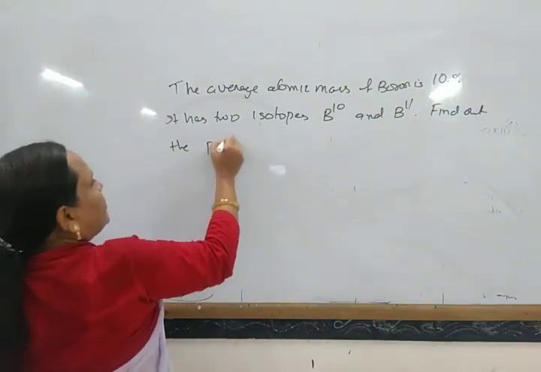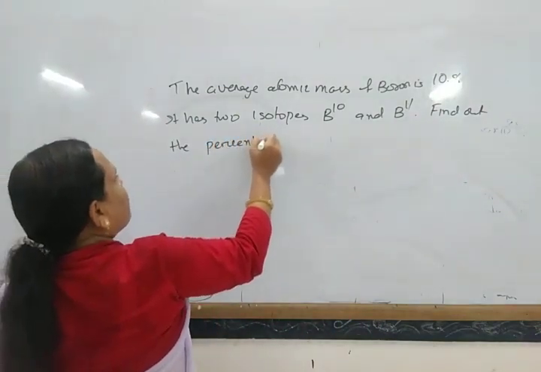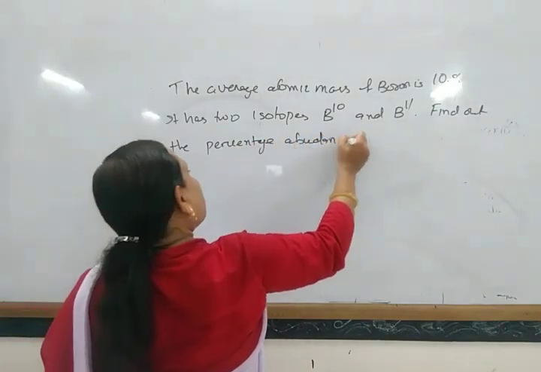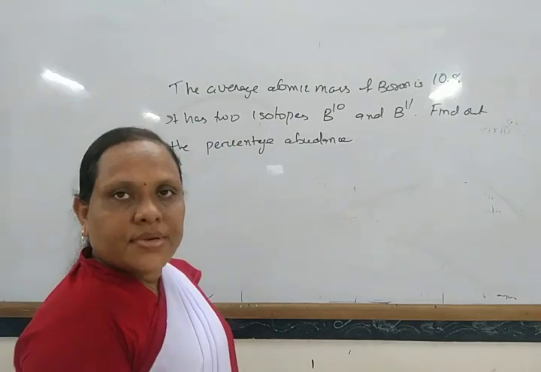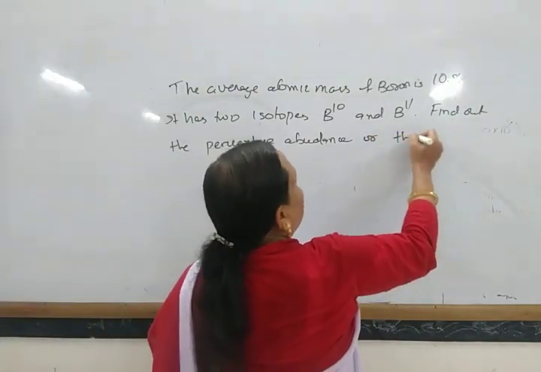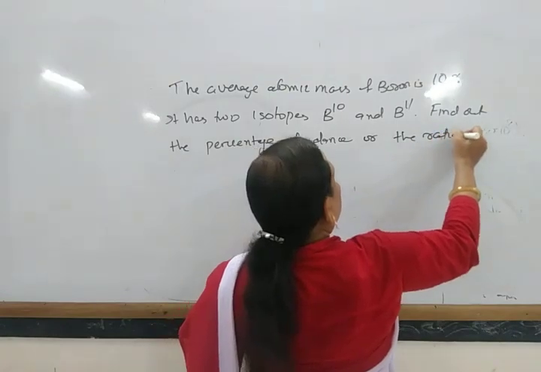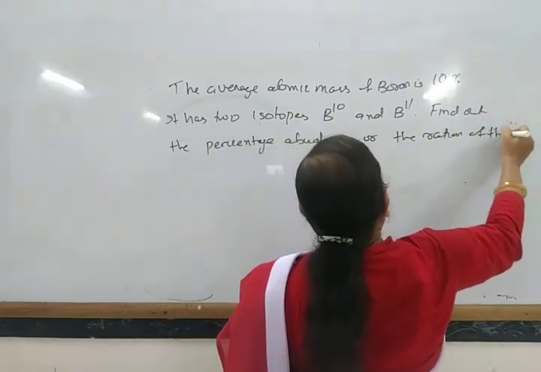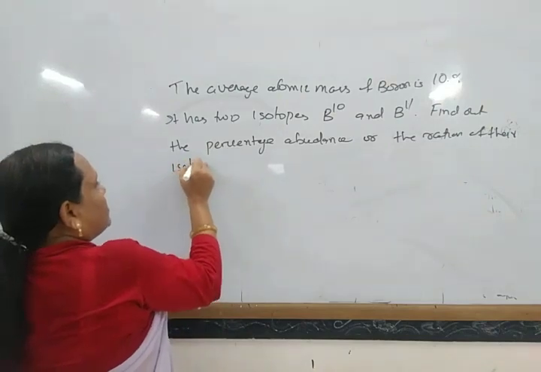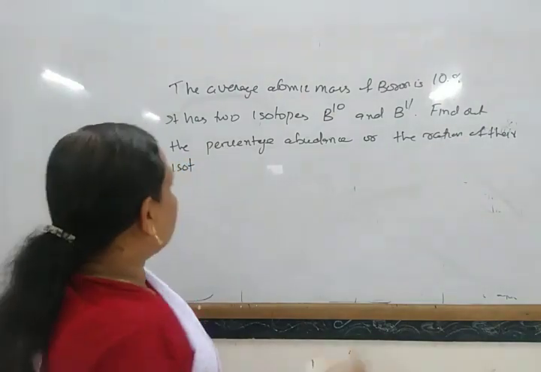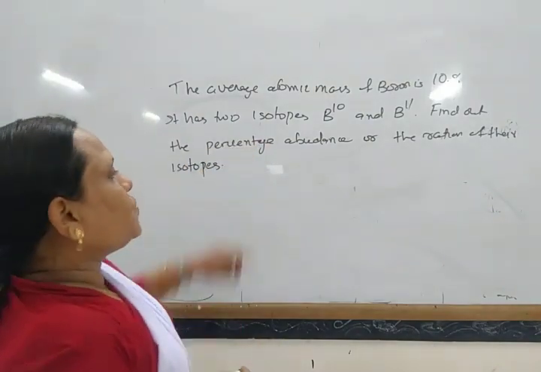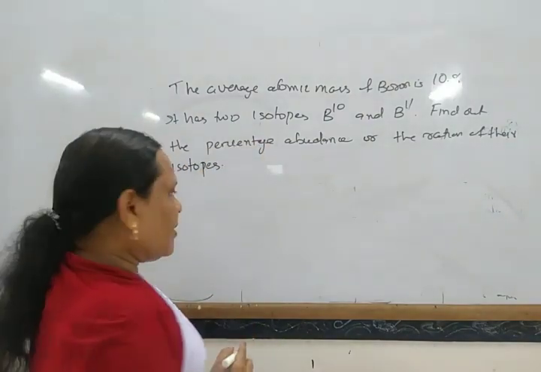Find out the percentage abundance, or the ratio of their isotopes. So, boron 10 and boron 11.